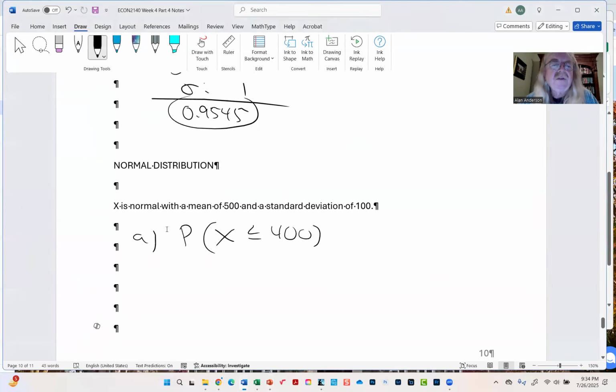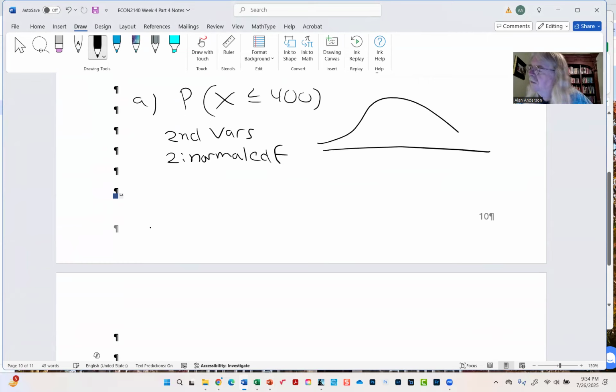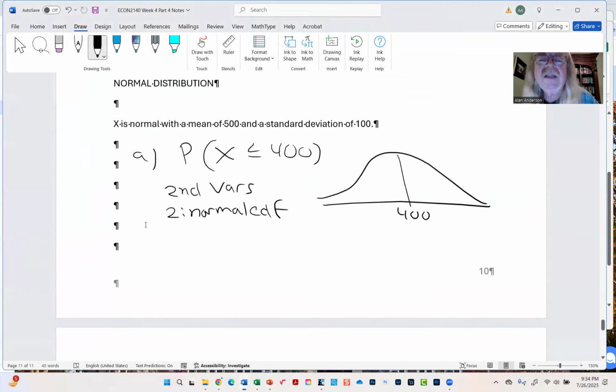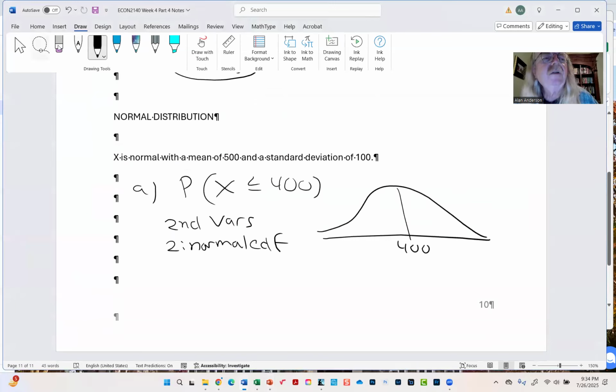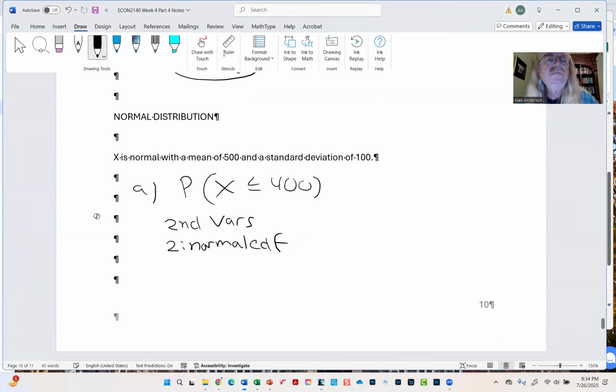All right, so we go to the calculator. Oh, whoops, sorry, that's not right. That doesn't go in the middle. 500 goes in the middle because that's the mean.